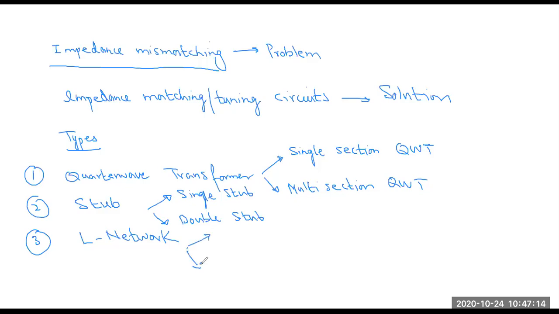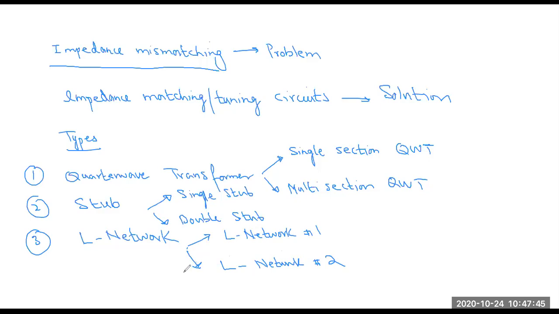There are no specific names, but we can just give them notation: there is L network number one and there is another network that is L network number two. So we will discuss what is the difference between these two. So let's discuss as well as design these impedance matching circuits one by one.